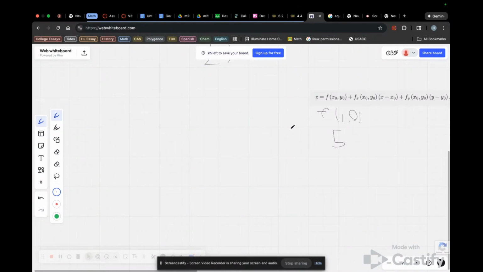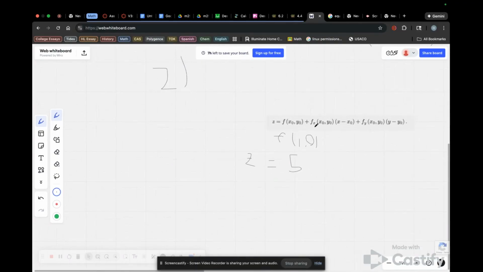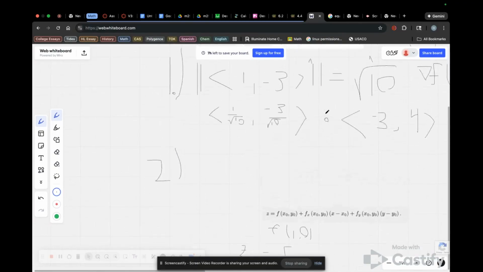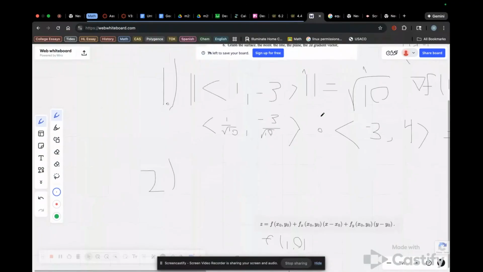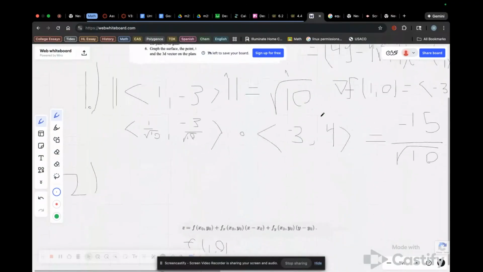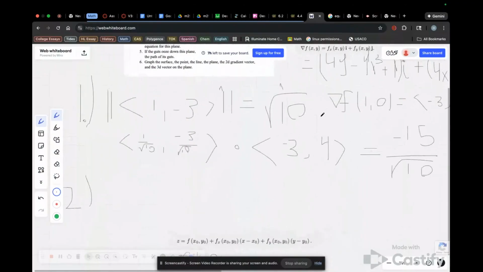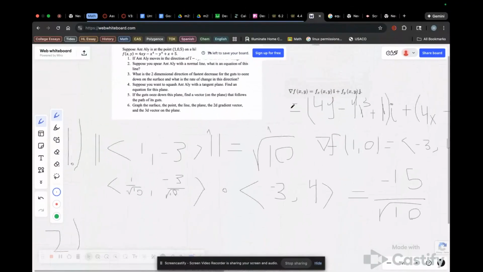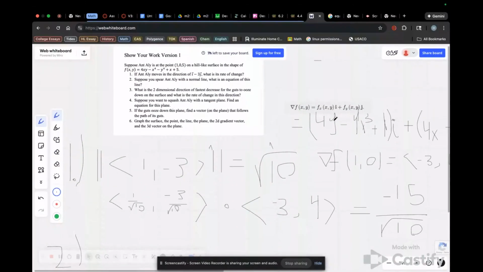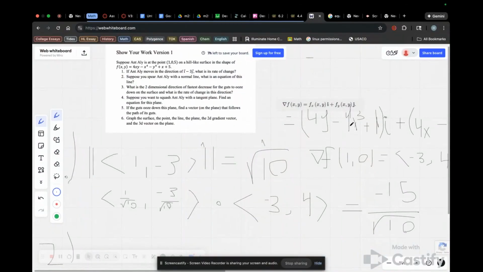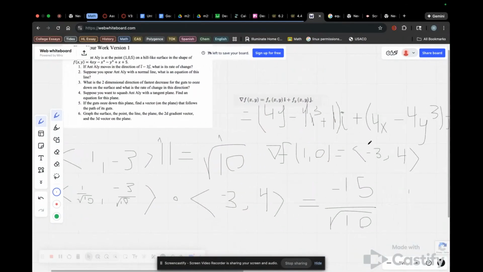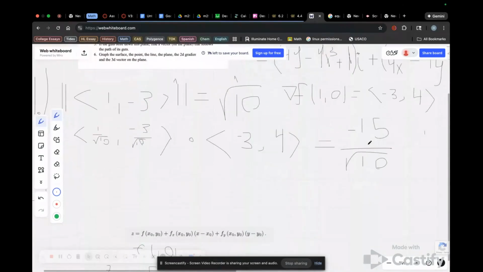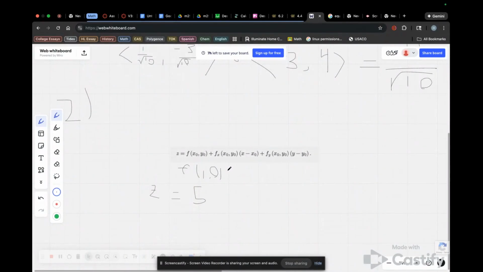We got 5, so z equals 5, and then we have the partial with respect to x at (1, 0), which we already calculated. Over here, we got -3. So actually, let's do this down here.